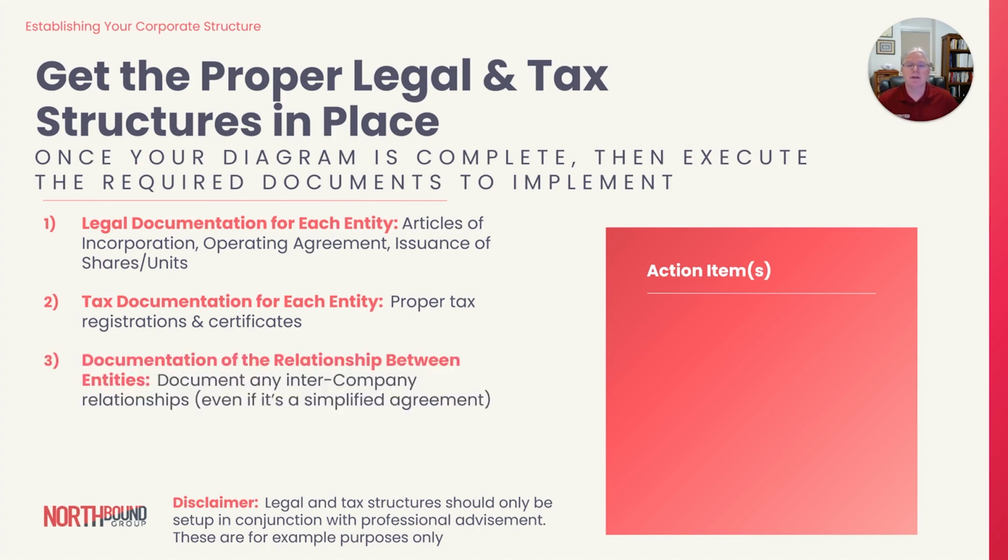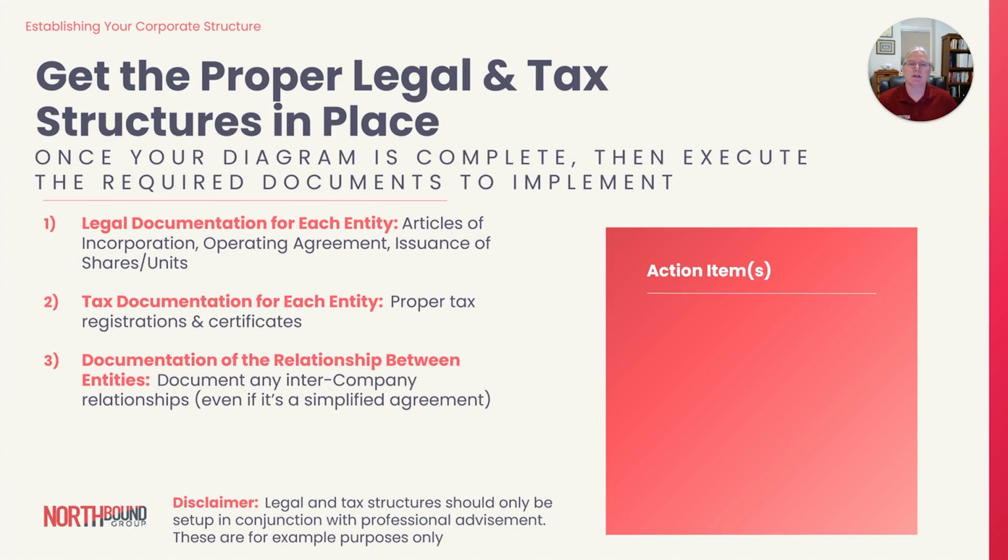Okay. The third thing that you have to recognize is that if you have multiple entities, oftentimes people never document the relationship between those entities. So, for example, if I have a service company that is serving multiple brands, I do need to have even a one or two-page agreement that says this is the time allocation that this person is going to be working on this brand versus that brand, and here's the cost that's being allocated for that particular service.